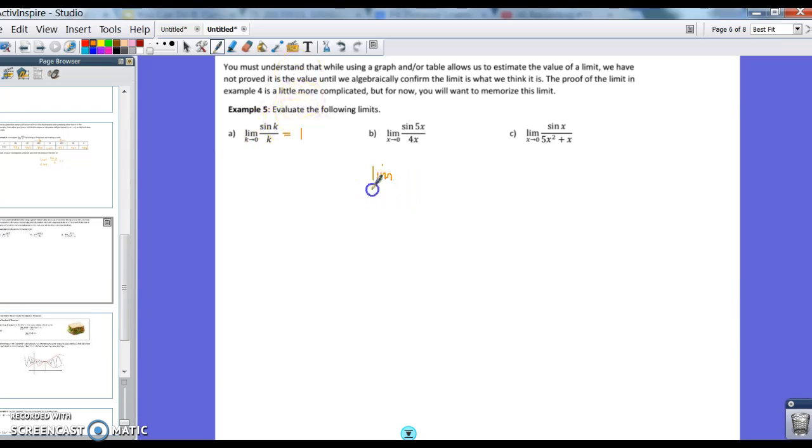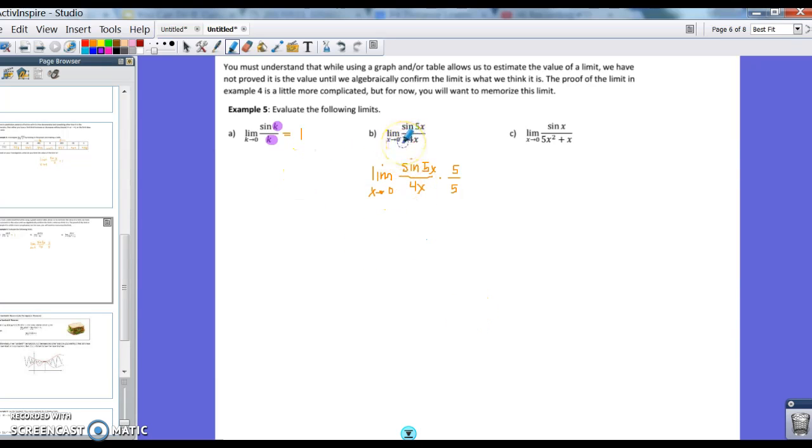If I have the limit as x approaches 0 of sine of 5x over 4x, and I multiply that by 5 over 5. And the reason that I chose 5 over 5 is because this rule says as long as the two things, the sine of something over that something, the limit as the something goes to 0 is going to give me 1.